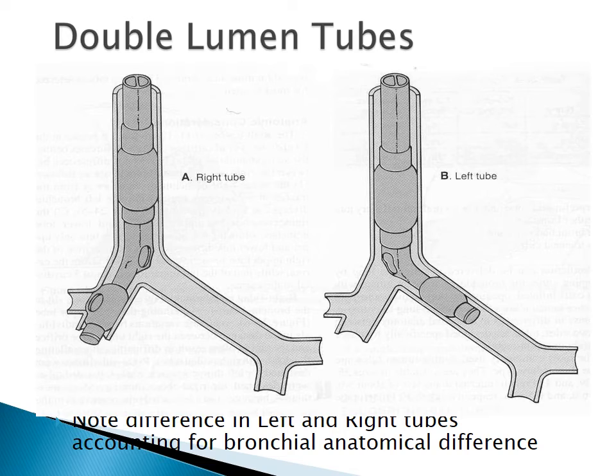When you take a regular single lumen tube, that seems big, but there's plenty of room in there. When you take a double lumen tube, there's less room, okay? So when you go to put these in, you have to be really careful that you don't damage the vocal cords, that you don't really hurt the patient. It's very easy because this piece, you see how that has a bend on it?